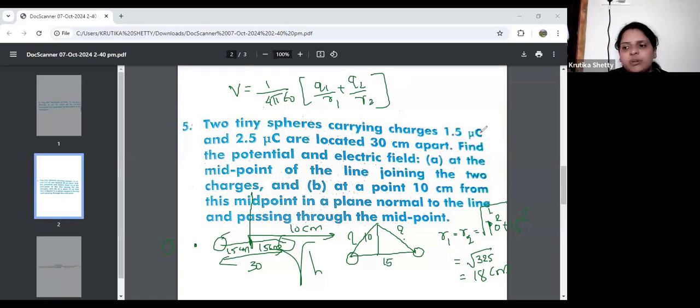Q1 value is 1.5 microcoulomb, Q2 value is 2.5 microcoulomb, and the distance is 18 centimeter. Converting 18 centimeter into meter gives 0.18 meter. Okay, so you try this one, students. I am going for the next question.